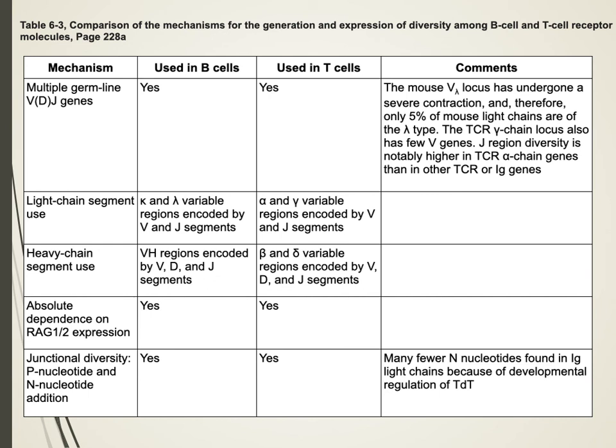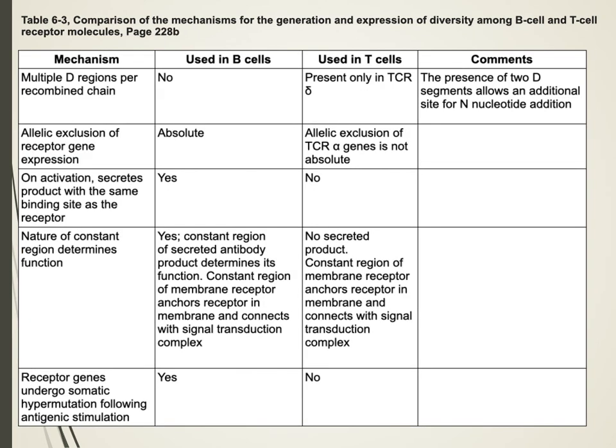Also looking at increasing the diversity, we can have the addition of P and N nucleotides in both T cells and B cells. Looking at whether there are multiple D regions that end up in the recombined chain, what ends up becoming the receptor, that does not occur in B cells, but it is present in T cells.